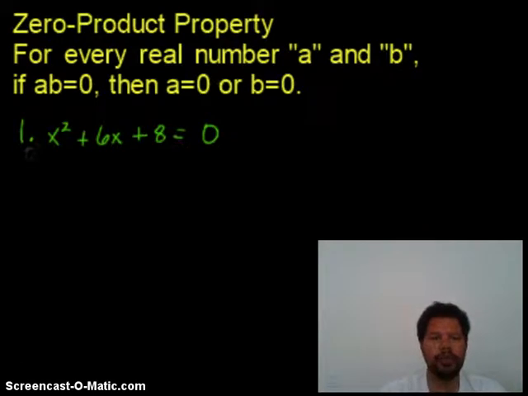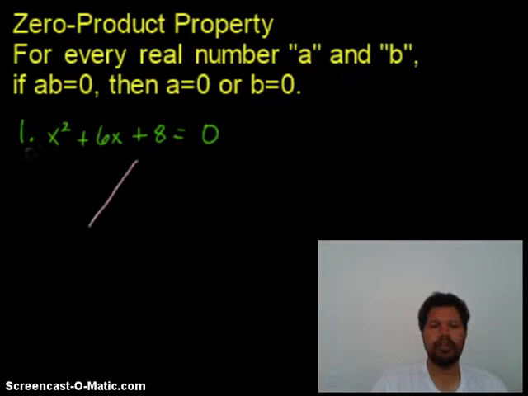One method is the x method, which I've shown my students. So if it starts with just an x right here, we can fill out the special x form right here, putting our last term in the top portion. So we're going to put a positive 8 here, and our middle term is the 6, so we're going to put the 6 down here.